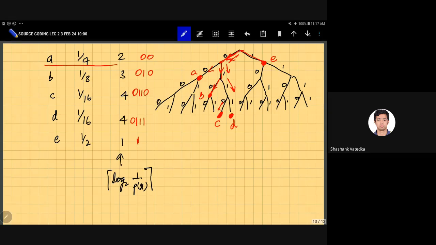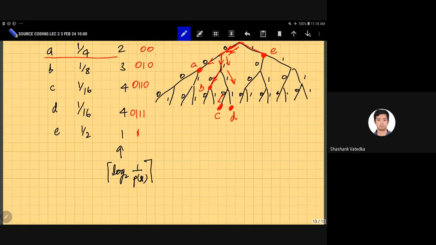Okay, so what is the expected length of this particular code? Fifteen by 8 bits. And what is the entropy?